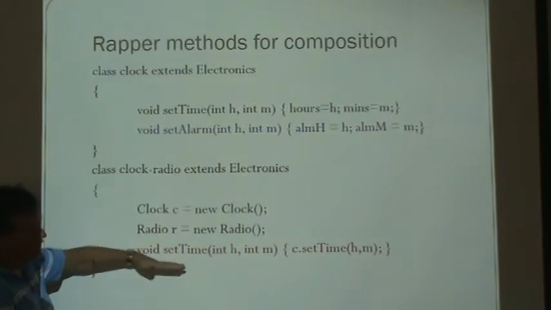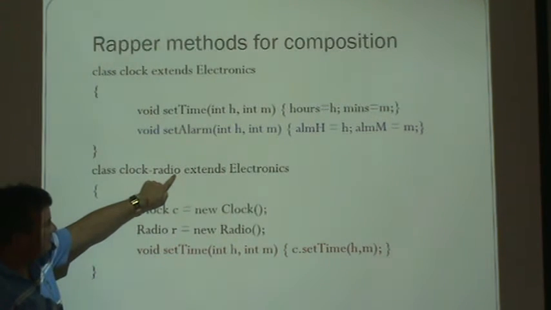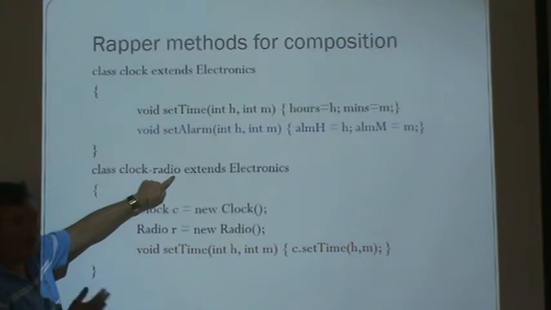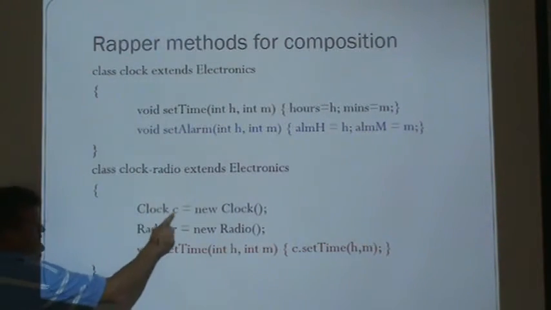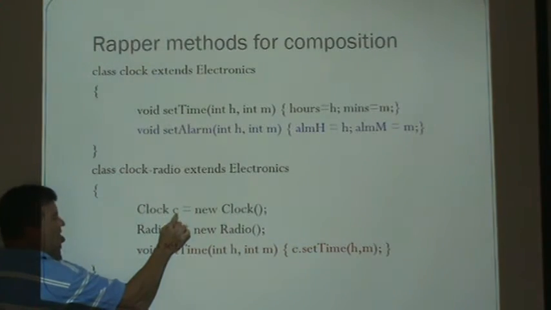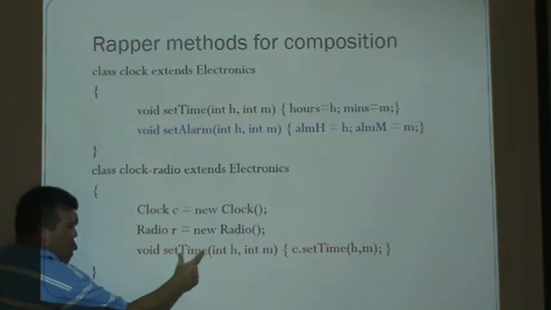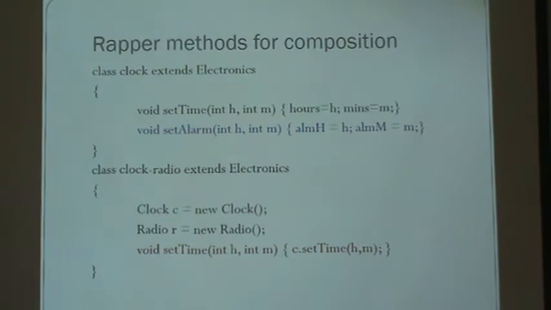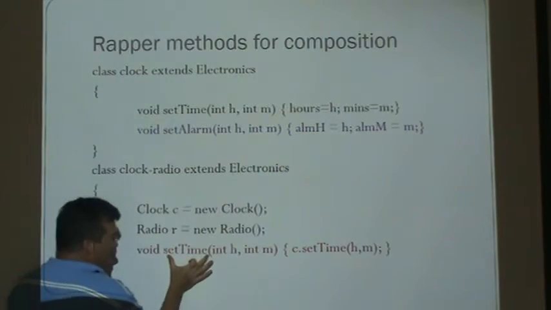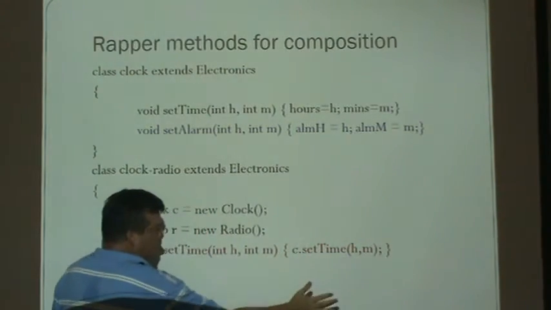But if all our code would like our clock radio class to also have a set time, and we're not inheriting now because we did it by composition, we don't have a set time method. So what we can do is add one which just calls the c.setTime method. So all it's really doing is we're just having this name match this name, but putting the object in front of it to know which one to call.